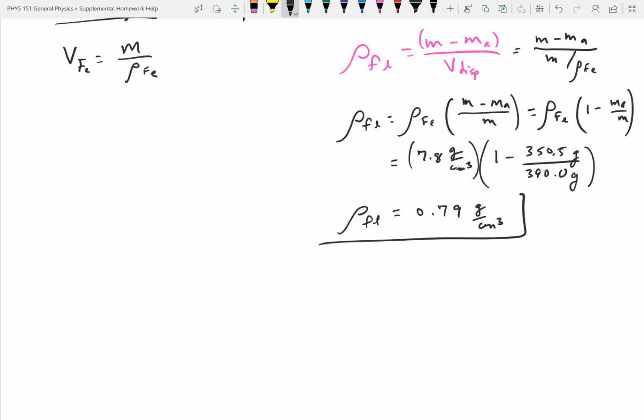And as we said before, that suggests that this might be ethanol. Is it possible to get another fluid that has the same density? Yes. So it's not a definitive test. It's suggestive.